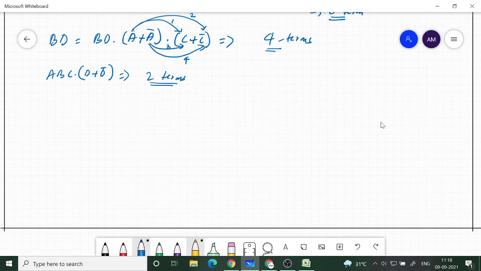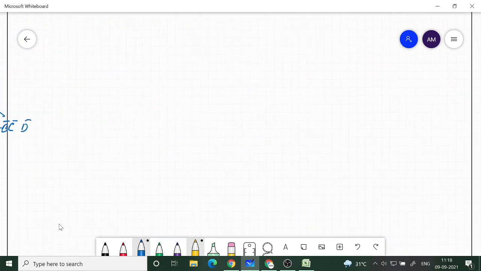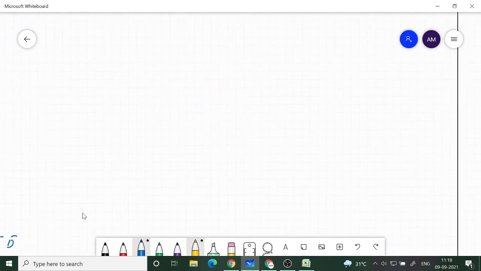And if at all we have to do 5 variable, how do we write it? There are 2 ways in which you can solve 5 variable functions.